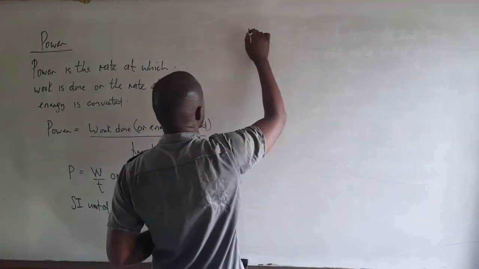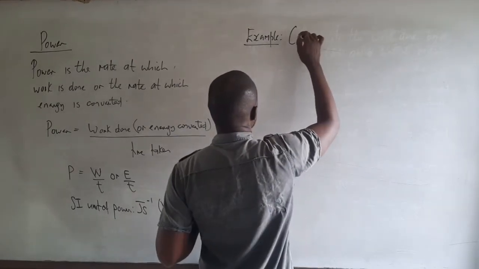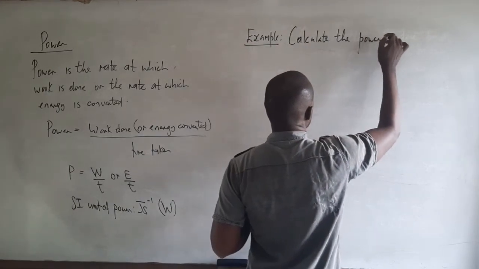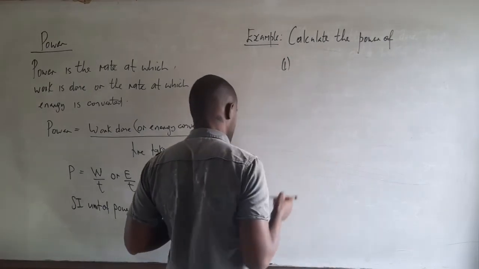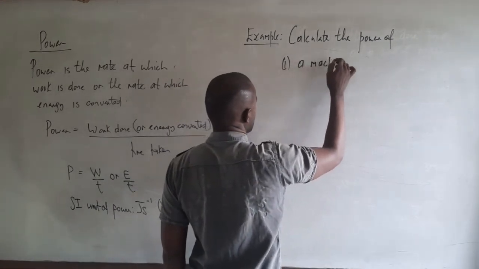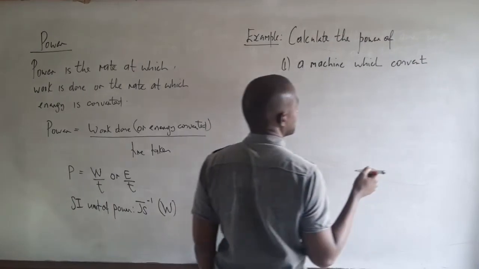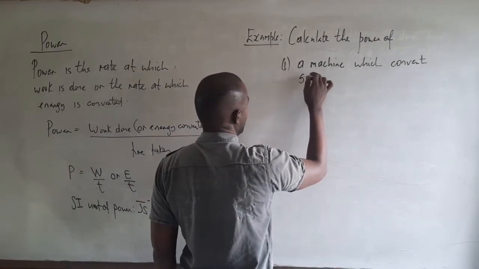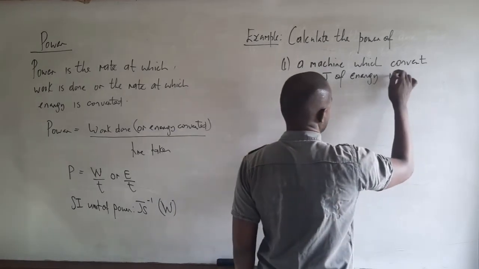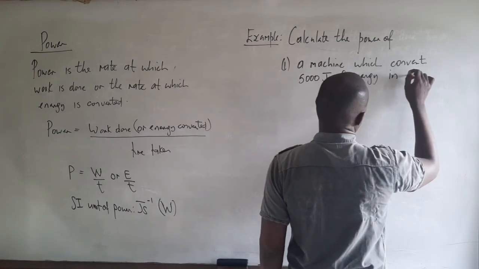So let's do a quick example. Calculate the power of, one, a machine which converts 5,000 joules of energy in 5 minutes.